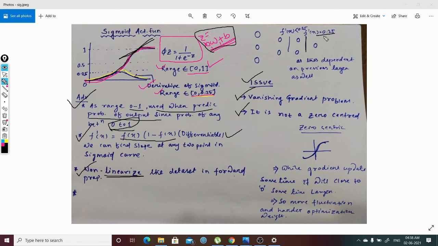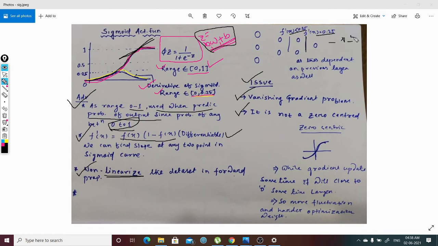Here we have taken 0.25 for the sigmoid function, then for another layer we have taken 0.05, as it is dependent on the previous layer outcome. So it may go to less than 0.05. Suppose we are multiplying various gradients, as we have various layers.